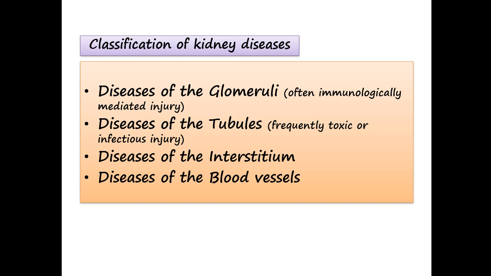In addition, there are certain diseases that affect the tubules and the interstitium, and mostly these are caused by toxic agents or by infections. In addition, there are certain diseases that particularly affect the blood vessels in the kidney.